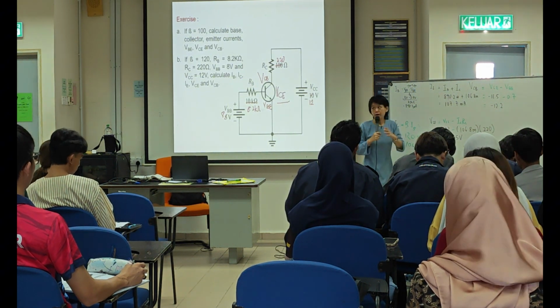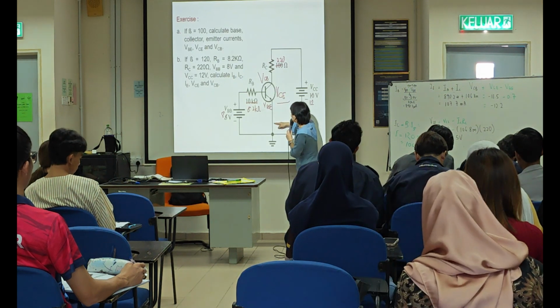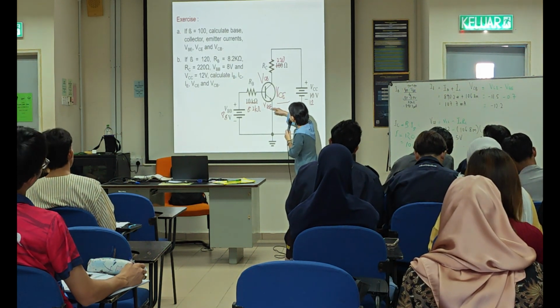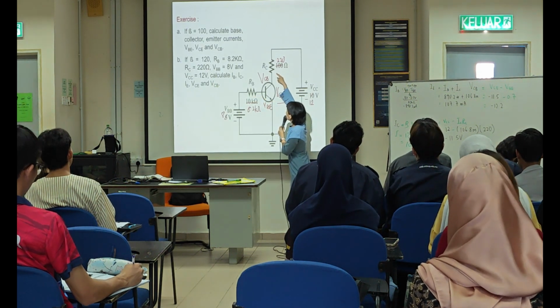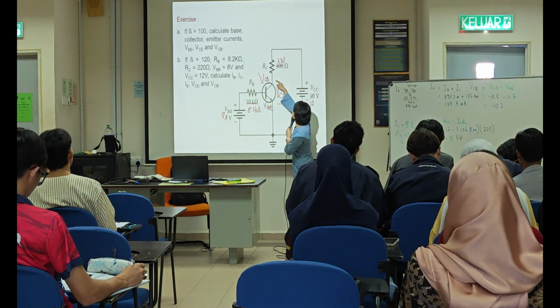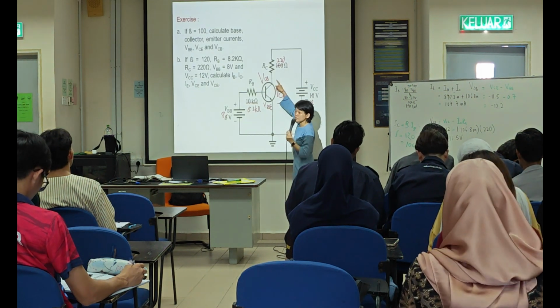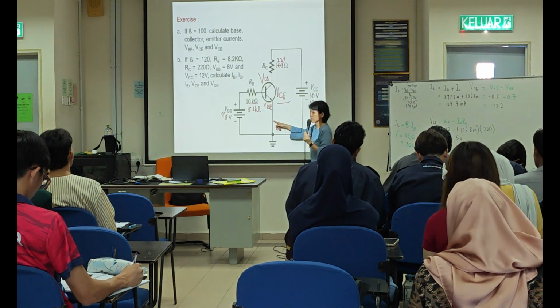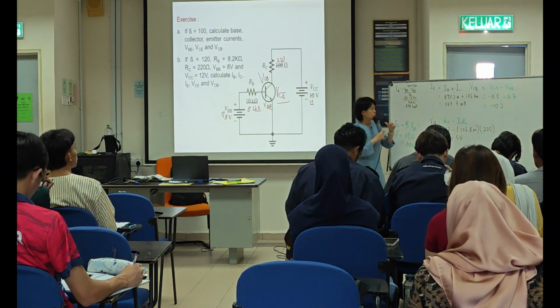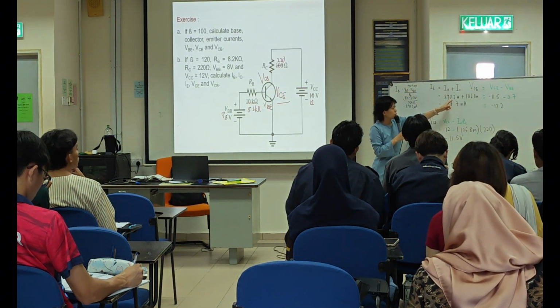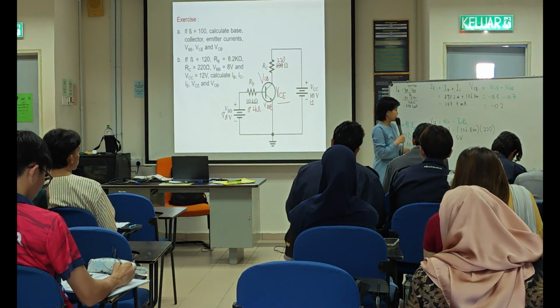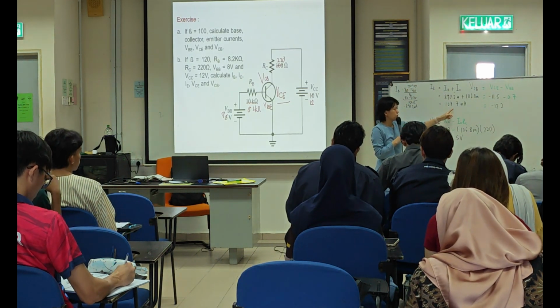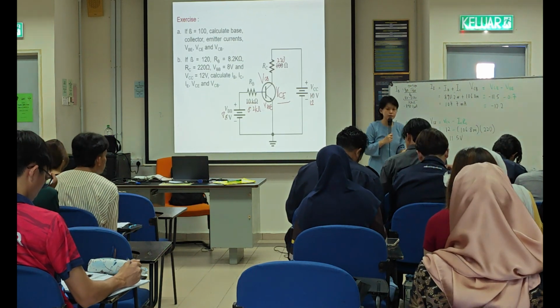Then IE is here. Arrow going down. So you take your IB plus IC equals to IE. So you have 890.2 milliampere plus 106.8 milliampere, you get 107.7 milliampere.